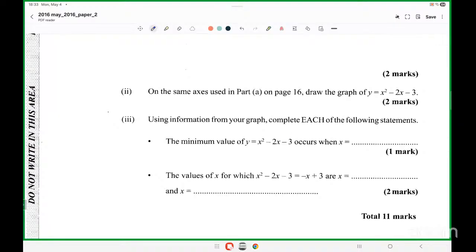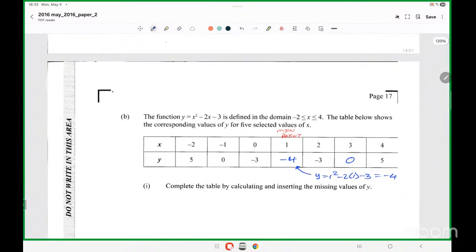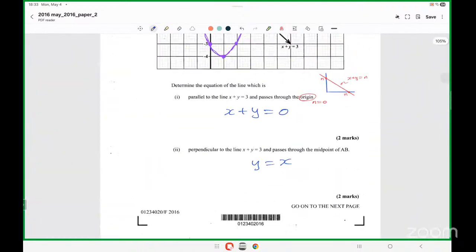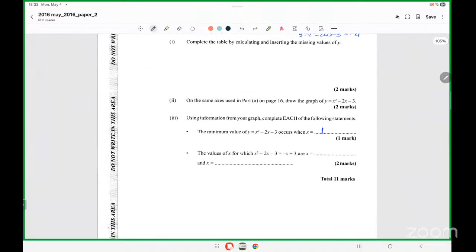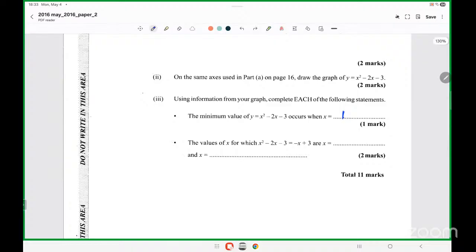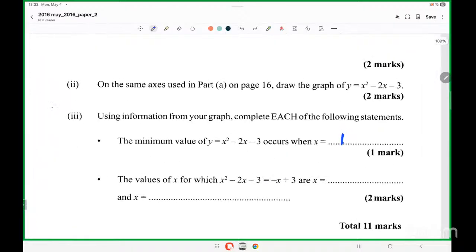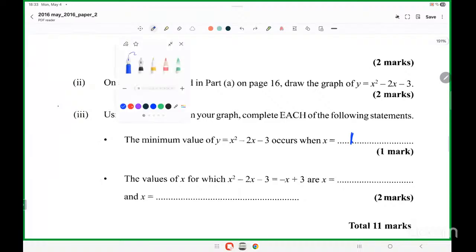The minimum value of this occurs where x equals 1, doesn't it? Where x equals 1. See it right here? It's the minimum point on the graph where x equals 1. All right? It said the value of x for which this equals this. What is this now? We must realize now that this really is the line.